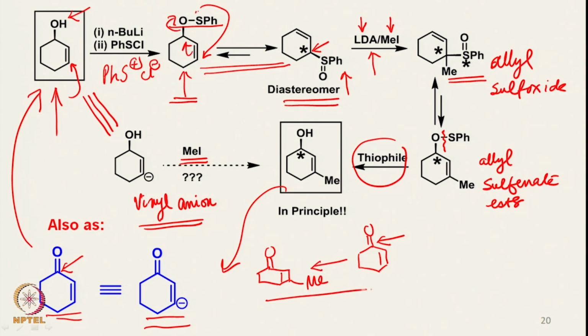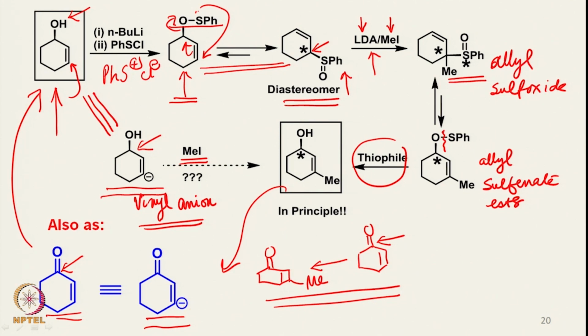So through this process we are having two different types of equivalents. One is a vinyl anion equivalent of this kind with a hydroxy grouping here, and the other is this vinyl anion equivalent which is of an enone.